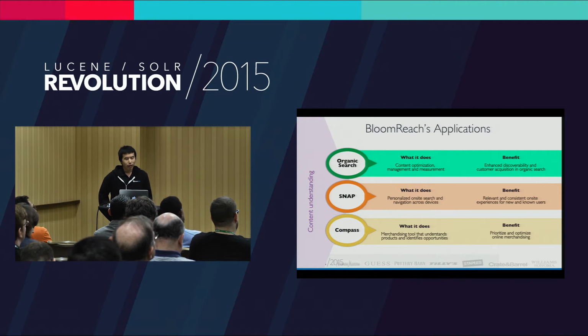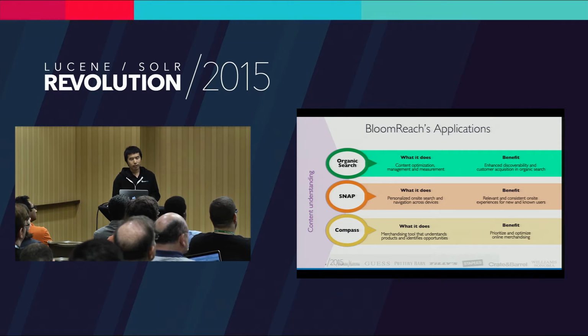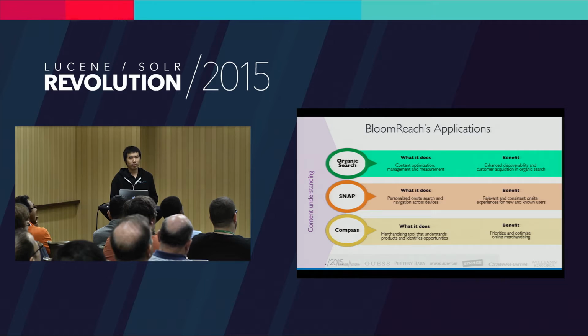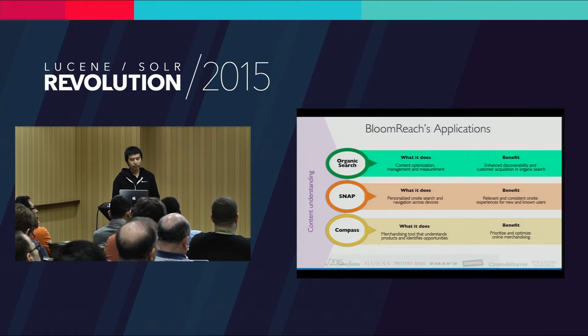At BloomReach, we basically have three products. One is called organic search, which enhances the possibility of your content being found over the web. Another product is called Snap, which is the customized search on the retailer's website. Suppose you go to Neiman Marcus and search for some products; which product shows up, or the rank of the product, is controlled by us.